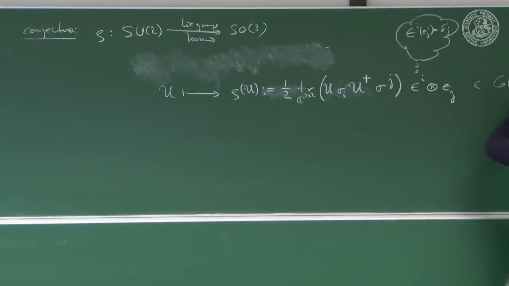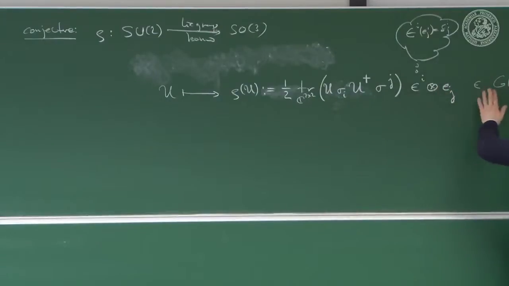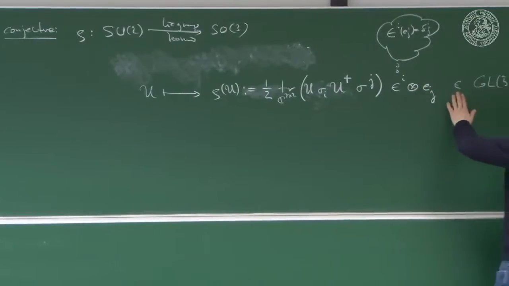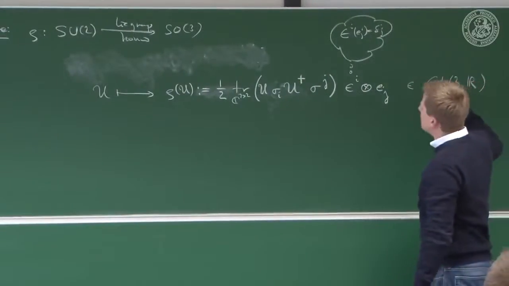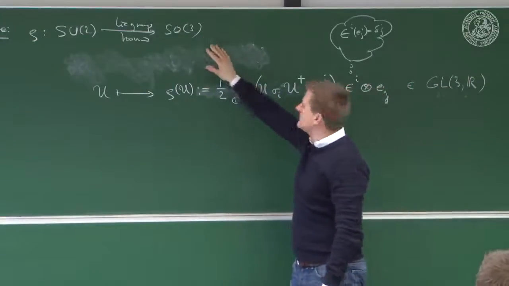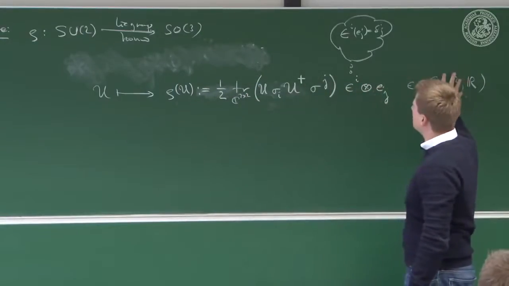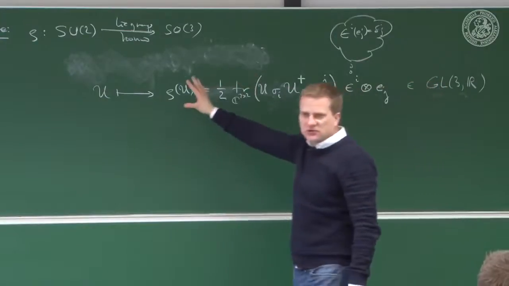This is of course a basis for linear maps from R3 to R3, and these are its linear coefficients. So it's clearly an element of here. In fact, SO3 is an element of here. So that's an element of GL3R that I see immediately. That it's an element of SO3, a particular subgroup of this, I need to show. Okay, but I construct this map.